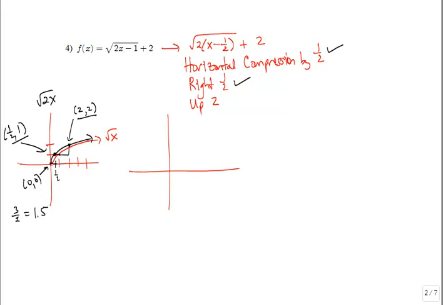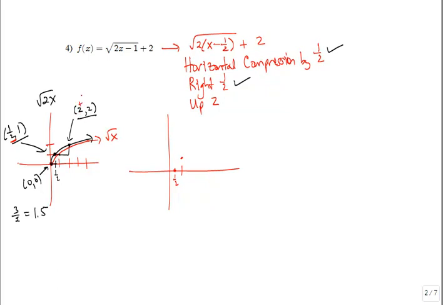So if I take 0, 0 and I move it to the right 1/2, then it's going to be right here at a half, 0. If I take 1/2, 1 and I move it to the right 1/2, if you're starting at a half and you move it right a half, now you're at 1, but we're still at a height of 1. And this last point was at 2, 2.